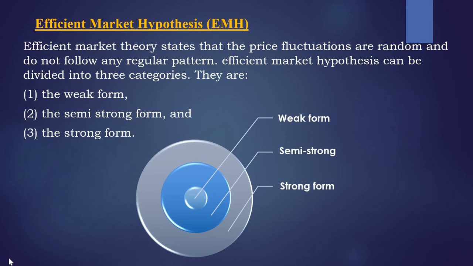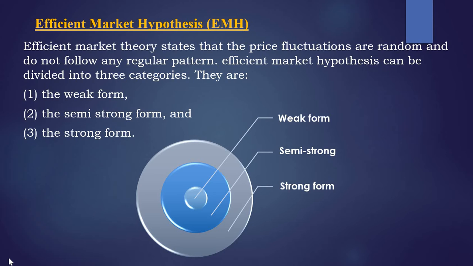Okay, in the share market, the efficient market hypothesis studies the security prices in terms of the information available about the company and the speed at which it is absorbed in the security prices by the market.